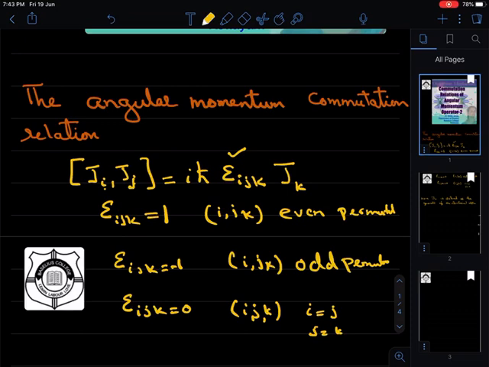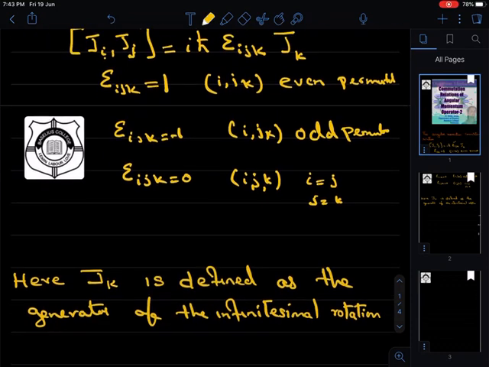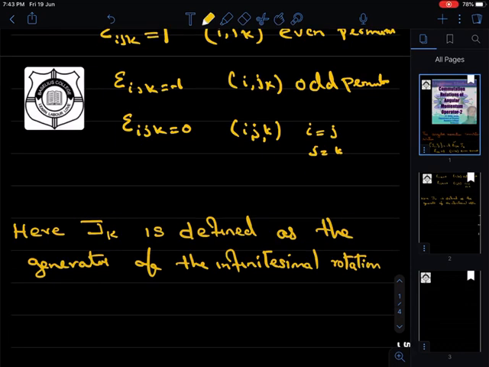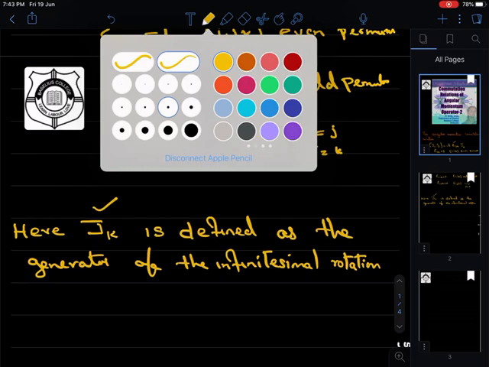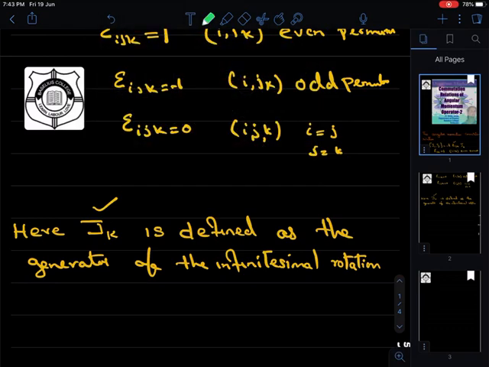Suppose you have Jx with itself, the commutation is 0; Jy with itself, it is 0. That is how the Levi-Civita tensor behaves. Also we have to know that this Jk is defined as the generator of the infinitesimal rotation.